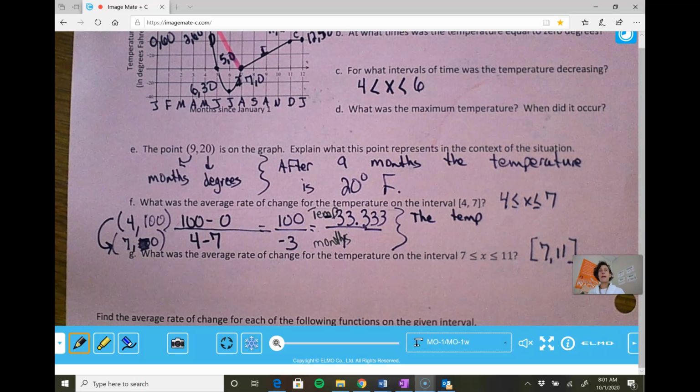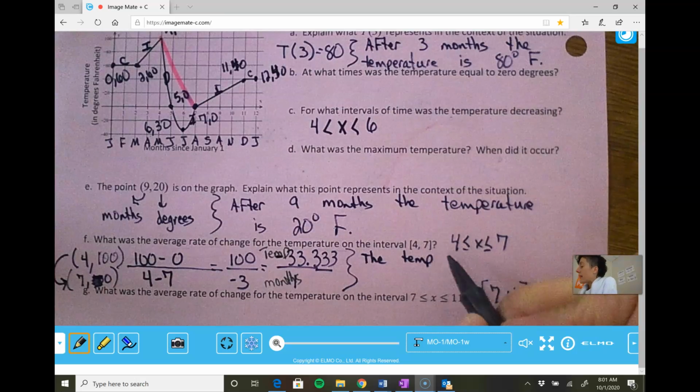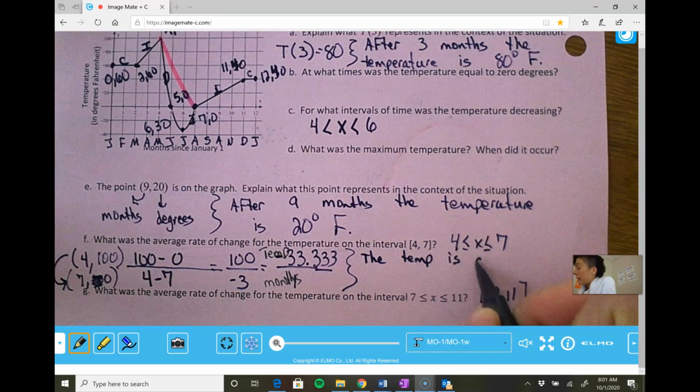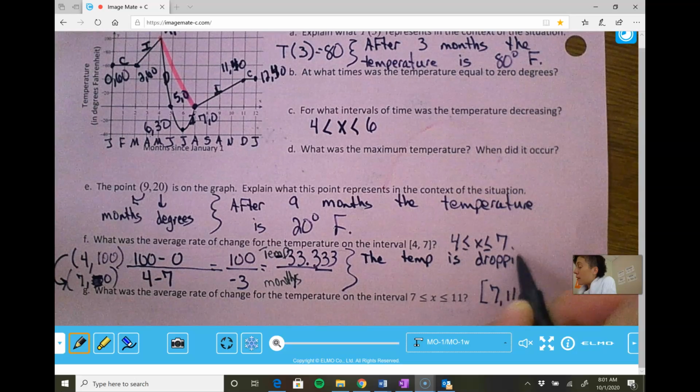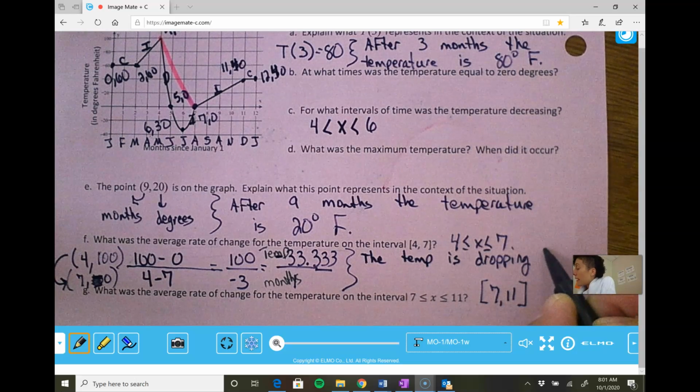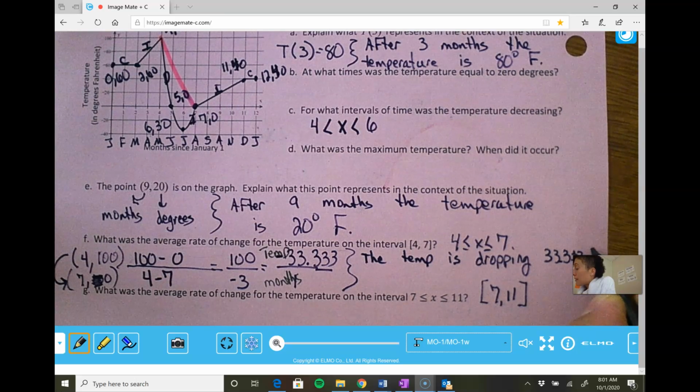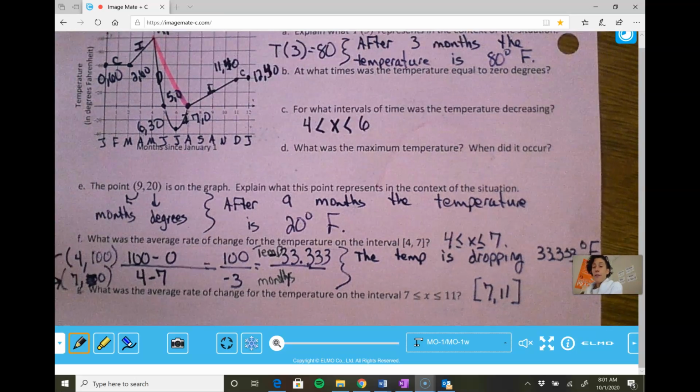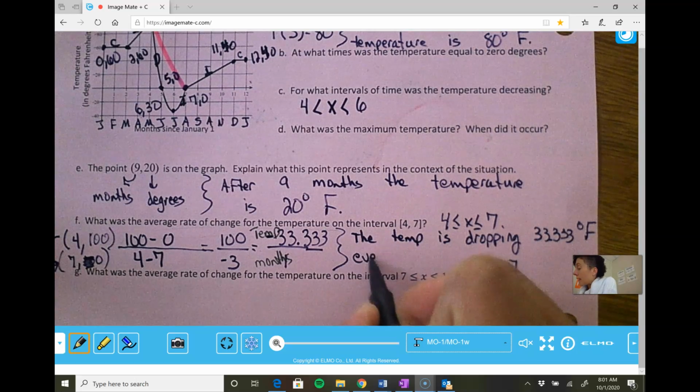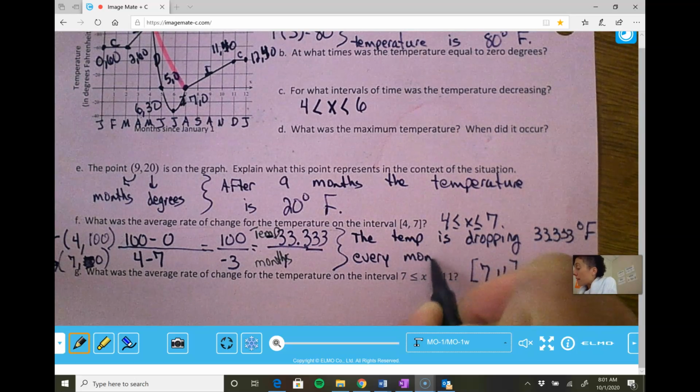This whole graph is about the temperature changing. So how is it changing is what I'm explaining. The temperature is dropping, and I know it's dropping because my slope is negative 33.333 degrees. There's my F for Fahrenheit every month.